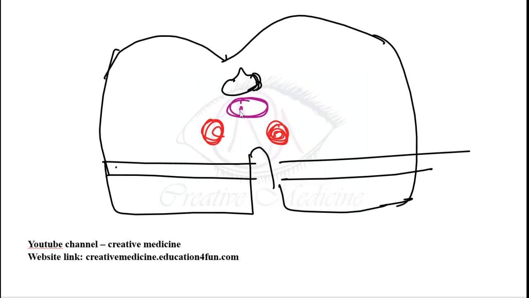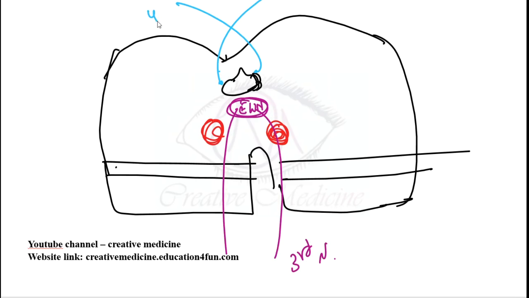So this is the Edinger-Westphal nucleus. Then from the Edinger-Westphal nucleus you will see that the third nerve will emerge. So this is the third nerve. Then you also have the fourth nerve, but this fourth nerve will emerge dorsally and it will cross. So this is the fourth nerve which is coming. So these are the important things.